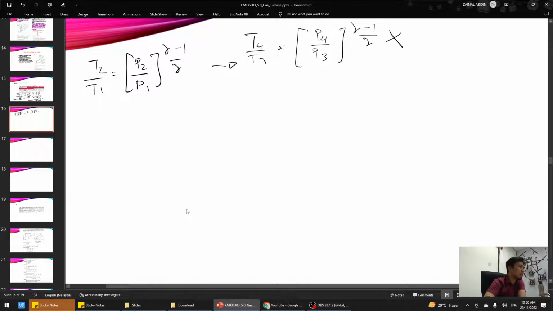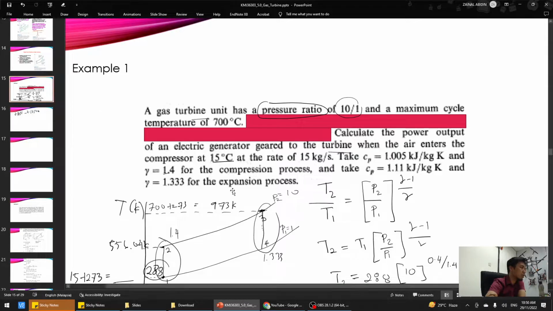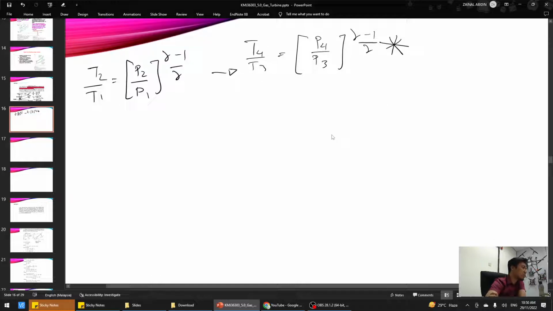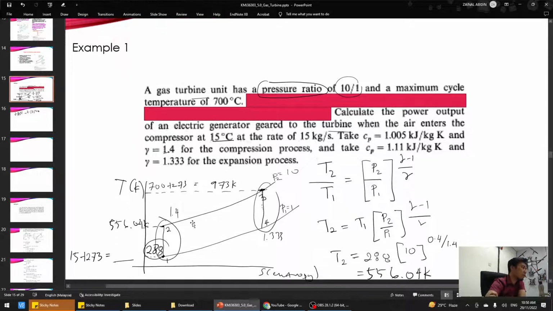This is very wrong, because what is given to us is the pressure ratio between P2 and P1. Be reminded that P2 over P1 is actually the pressure ratio of P3 over P4.